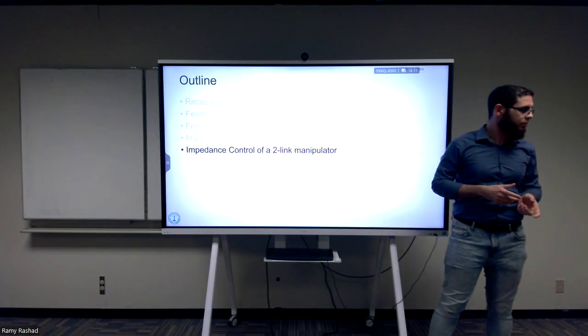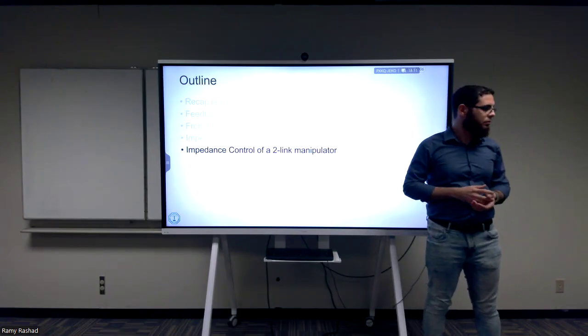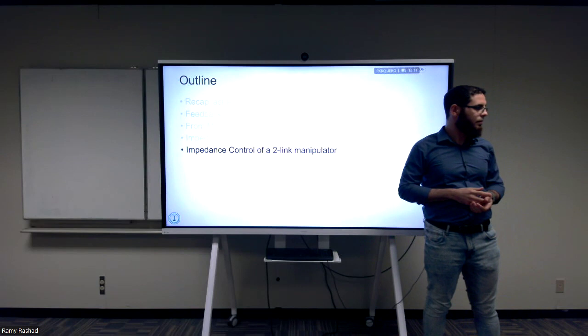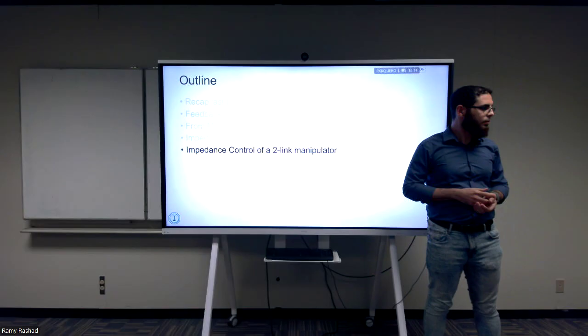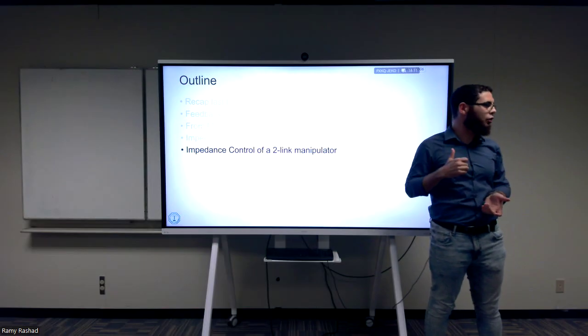I have one question. With regards to the interaction, for example, if we have a robot not touching the wall, not directly interacting with it, we still have the effect of gravity. Is it not considered as a force from the environment? That is true, and that's why we need to compensate for it.